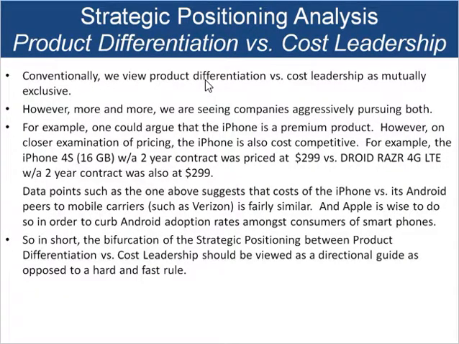This again goes into the contrarian example. There are some companies who are able to do both. If you really think about the iPhone, most people will say, "Oh yeah, it's a premium product, premium branding, and premium pricing." Well, if you actually look at what Apple is doing, their price on, let's say, the iPhone is similar to the other phones.